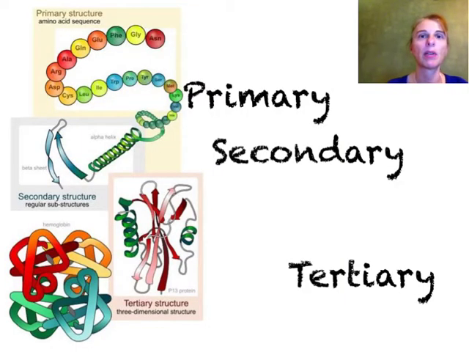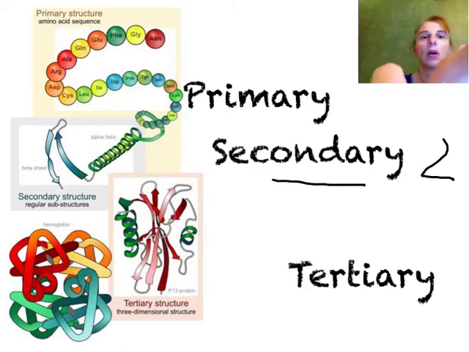Depending on the chemical properties of the 20 amino acids that get put together, kind of like beads on a string, the protein will begin to take on shapes. There's the primary structure, which is the order of the amino acids. So if you're thinking of the beads on a string analogy, that's the order of the beads. Red bead, yellow bead, green bead is the primary structure. Then there's the secondary structure.